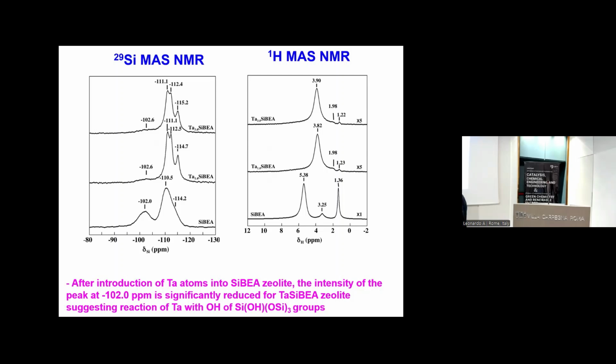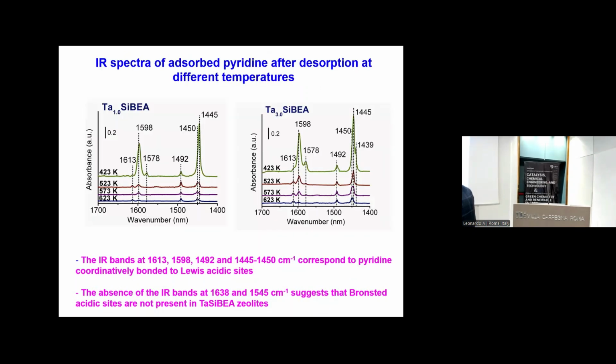In this case, we have a characteristic band related to hydrogen bonded OH groups, and when we introduce tantalum, this band disappears. It means that reaction takes place between OH groups and the tantalum precursor. All these results show that tantalum is incorporated in the zeolite.